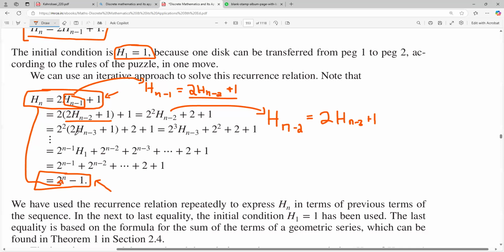We see here 2 times this. We distribute, and we get 2 cubed times h of n minus 3 plus 2 squared plus 2 plus 1. And one thing I want you all to notice is that this 3 matches this 3. So right off the bat, you're starting to see some pattern.